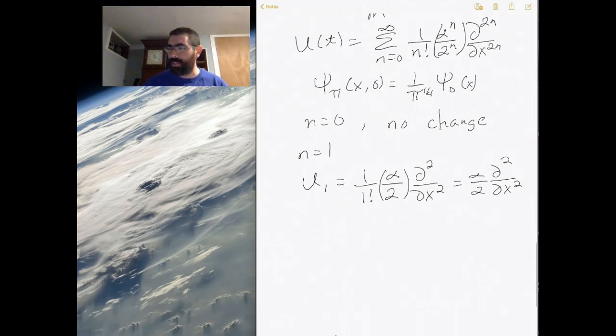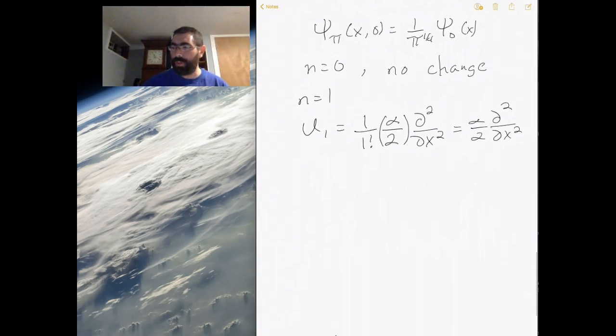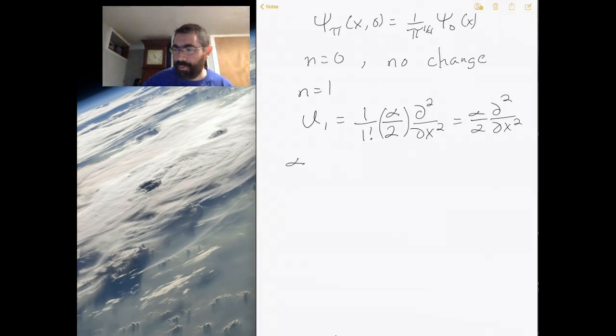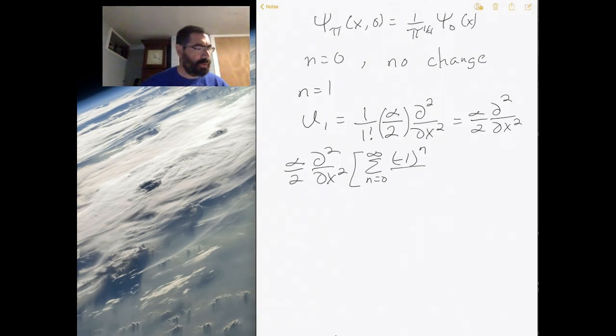Now let's take that second derivative and apply it to the wave function. So I have alpha over 2, second derivative, acting on the sum, n equals 0, minus 1 to the n power over 2 to the n power n factorial, x to the 2n power.